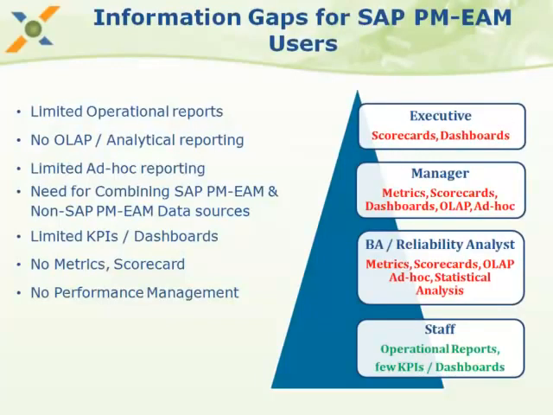So this is what we saw as the information gap. The information needs of different jobs are different. At an executive level, they would like to see only the big picture, the dashboard, with the ability to drill down to metrics and go to a detailed report. We saw different needs for each of these personas, and it's just not designed for that.